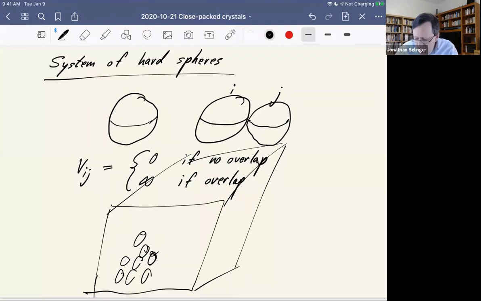This is an unusual kind of problem because the interaction is so simple, right? And the interaction doesn't even have an energy scale. The interaction is just 0 or infinity.